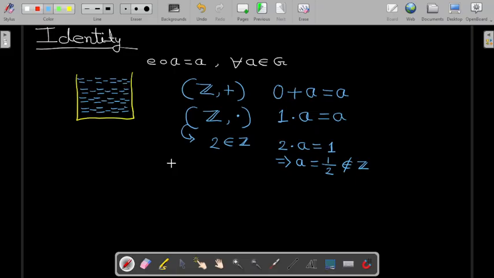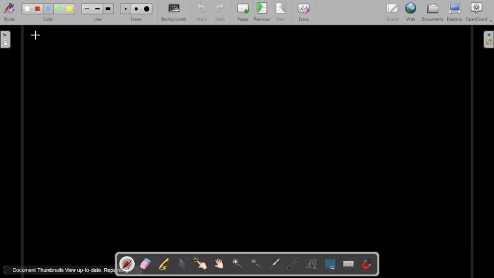Okay, so let's discuss the inverse property. Go to the next page. Inverse. Here is a beautiful theorem we are going to discuss, the inverse of a composition.